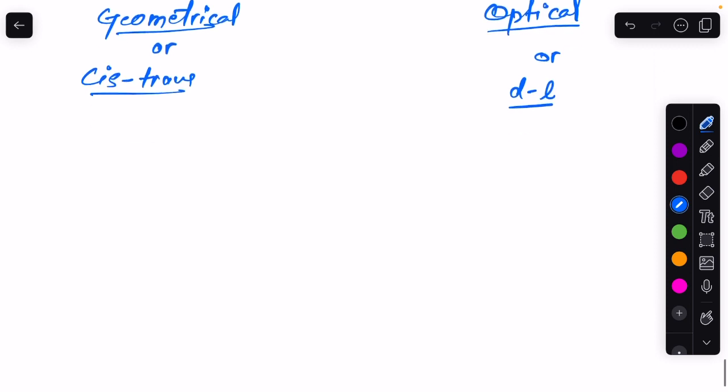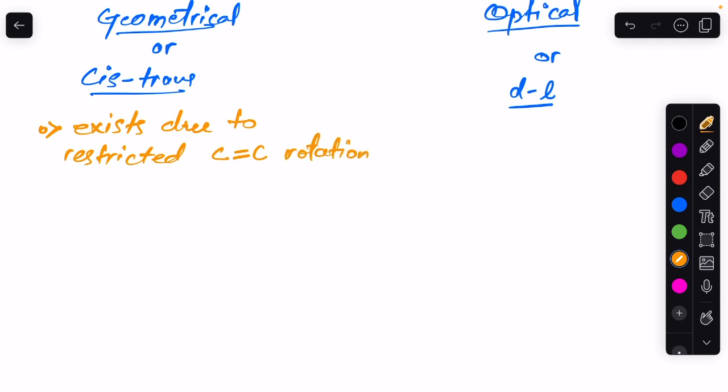In case of geometrical isomerism or cis-trans isomerism, this isomerism exists due to restricted carbon double bond carbon rotation, due to which two different arrangements are possible.